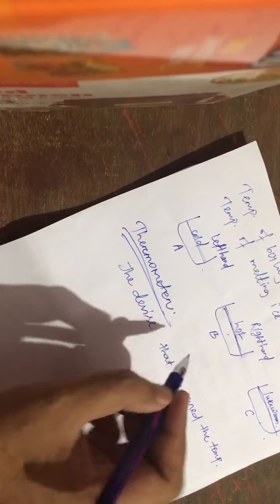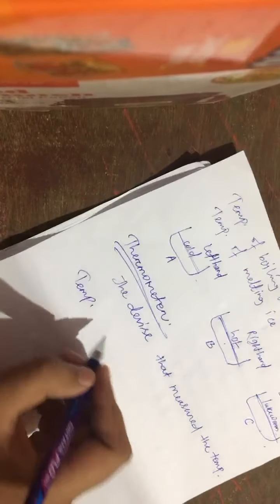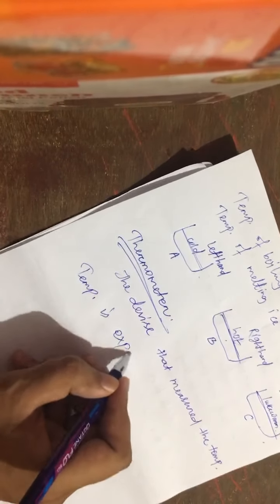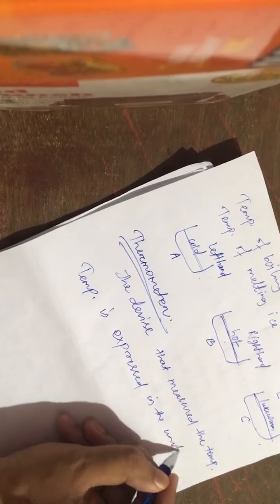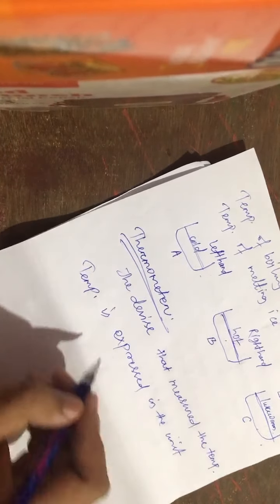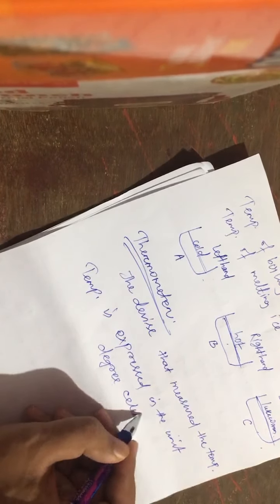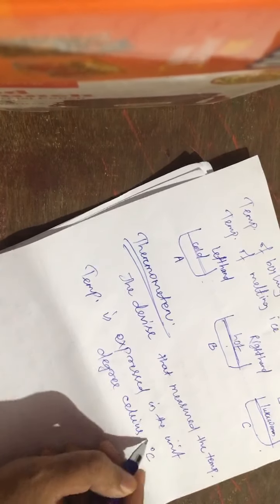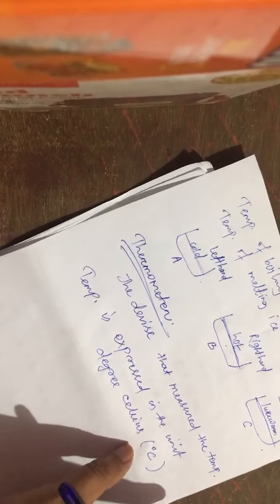The temperature is expressed in the unit degree Celsius, written like this: degree Celsius. So this is a device that measures the temperature.